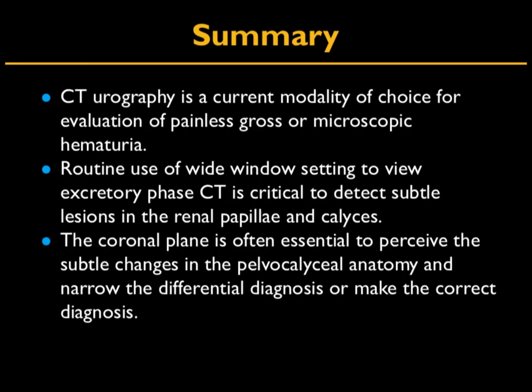We spoke about technique, the importance of wide windows to be able to see the calyces, the importance of reconstruction both in 2D and 3D, and noting that the coronal plane in 2D and 3D is essential for looking at many of the subtle changes in the pelvocalyceal anatomy and to help with differential diagnosis.